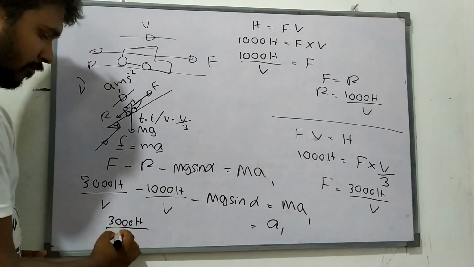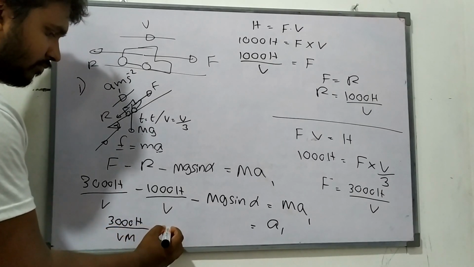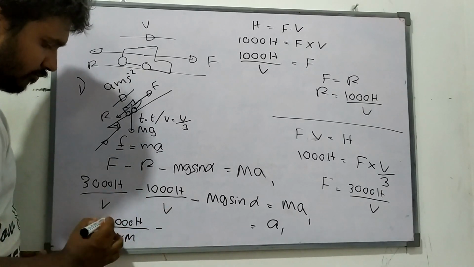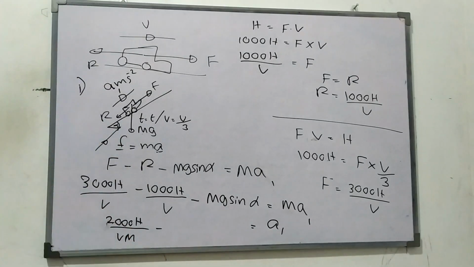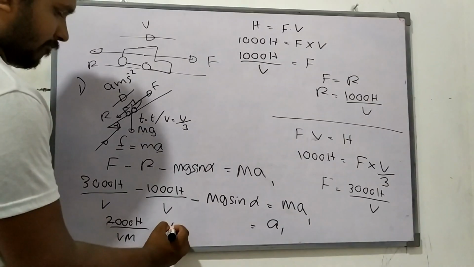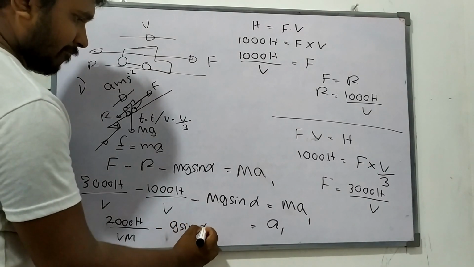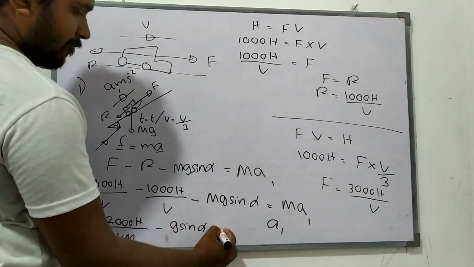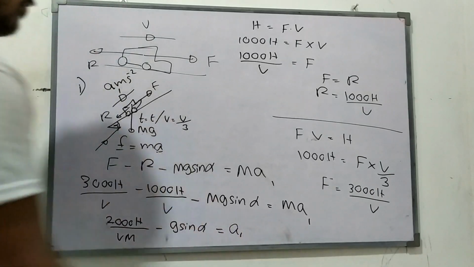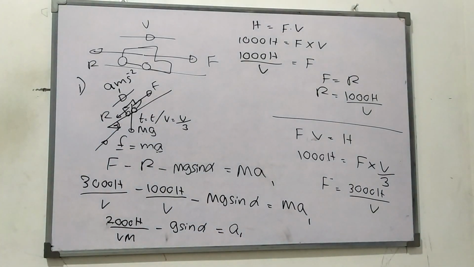This is 2000 H over Vm minus g sin alpha. This is the acceleration of the first case, number 1.